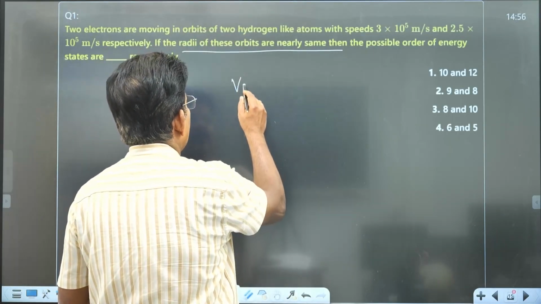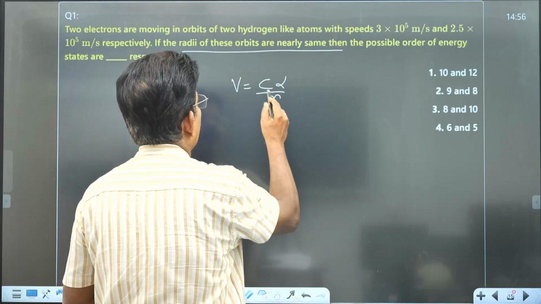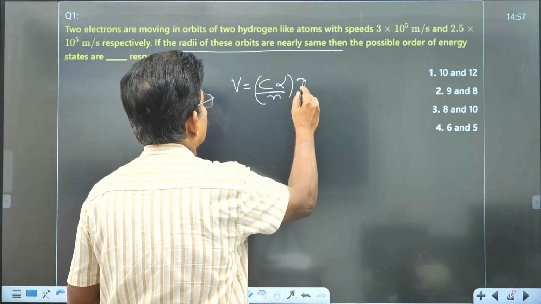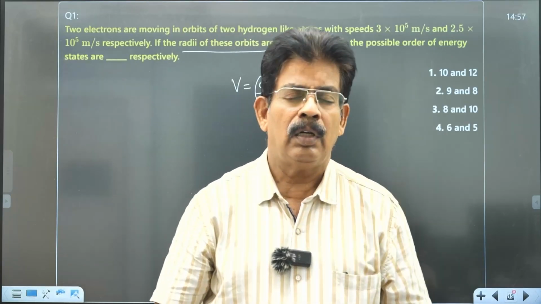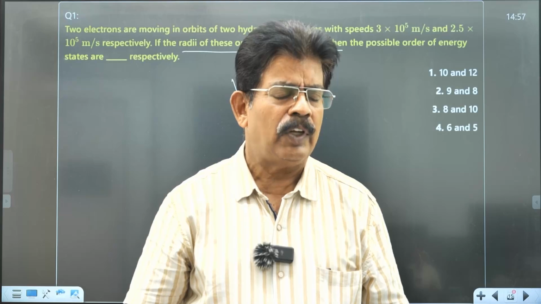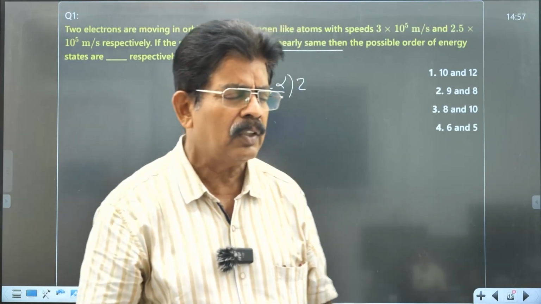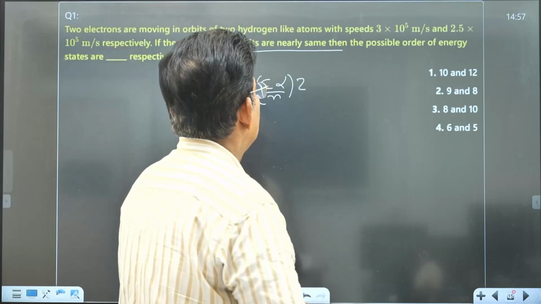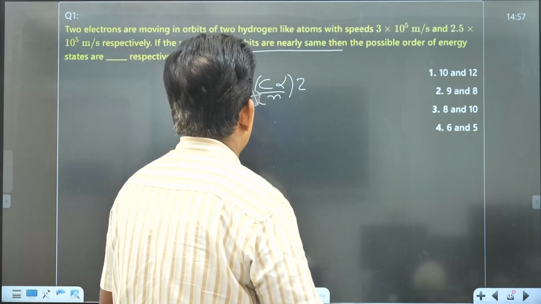Velocity of electron: we might have heard about a formula, C alpha by n into Z. C is the velocity of light. Alpha is a constant, we call it the fine structure constant. n is the energy level orbit number and Z is the atomic number.